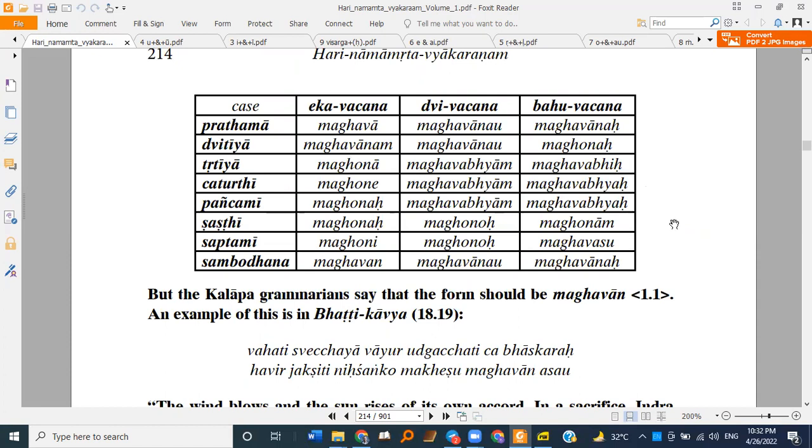Maghavan is Indra's name, one of Indra's names. I don't know if it has connection with the word Megha, like Magha, Megha. I really don't know.